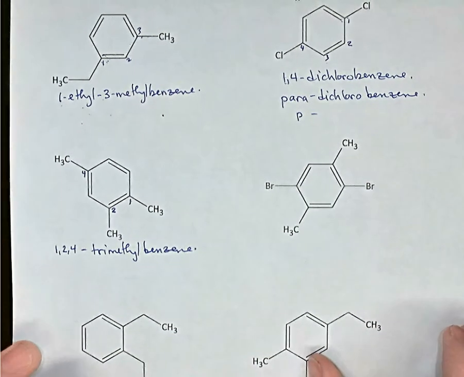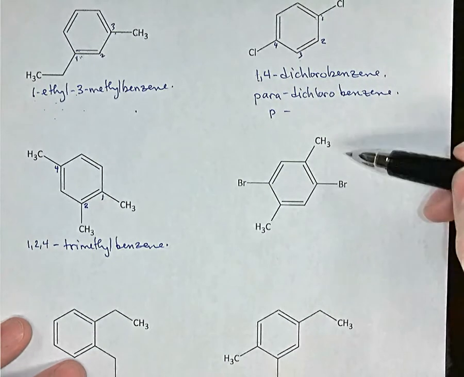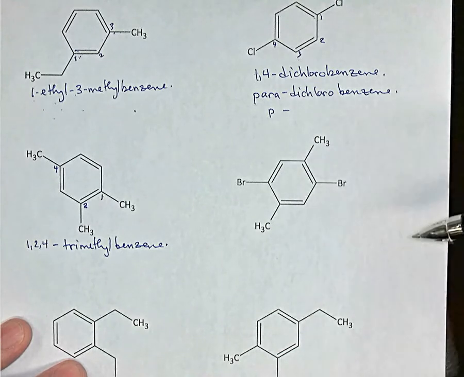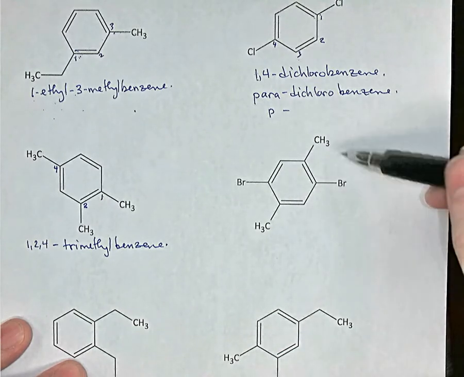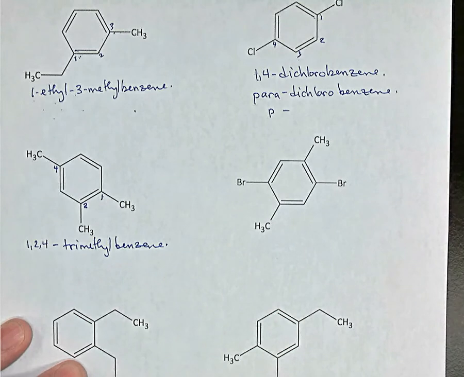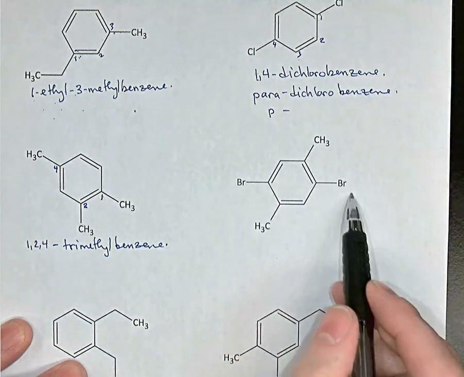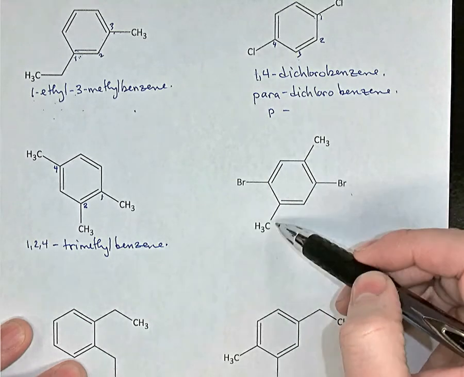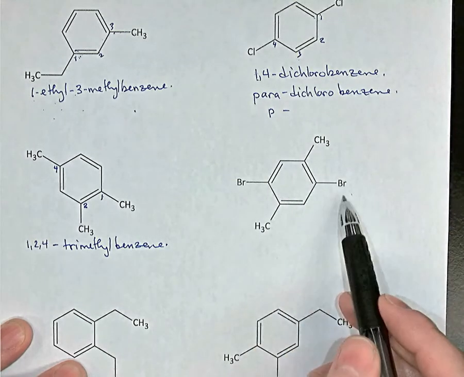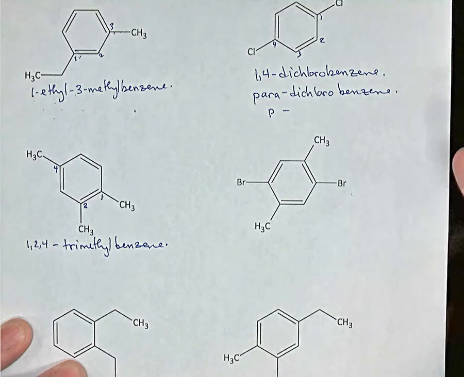All right. This next one, again, benzene ring is an aromatic molecule. It's got 4 branches, so there's no way to use ortho, meta, or para for this. It's got bromo branches, and it's got methyl branches. So I'm going to name bromo first, because it's alphabetically before methyl.